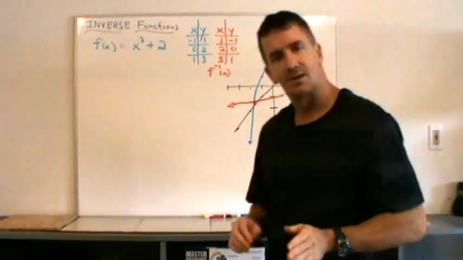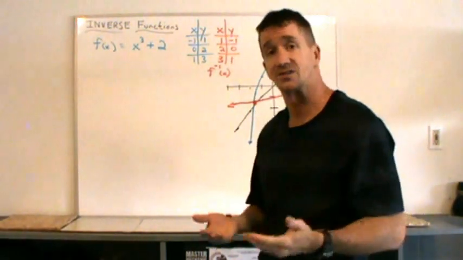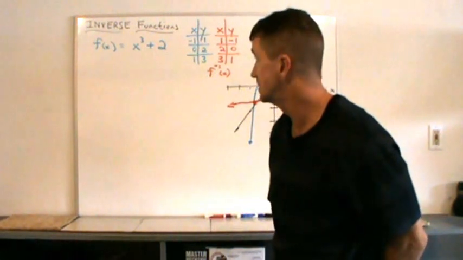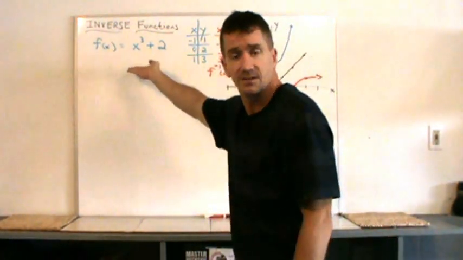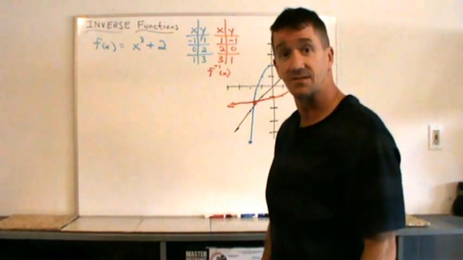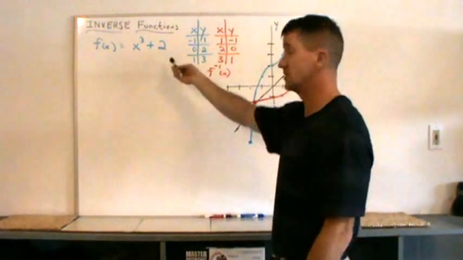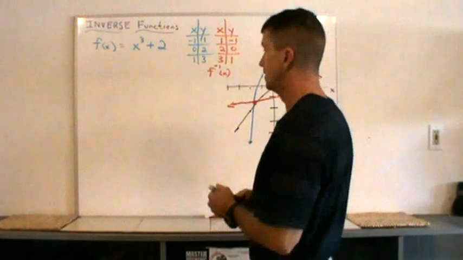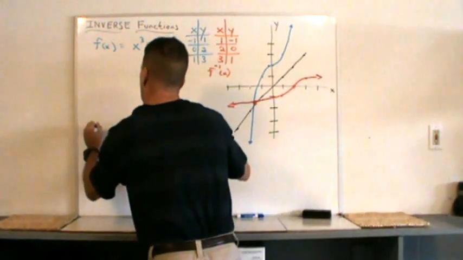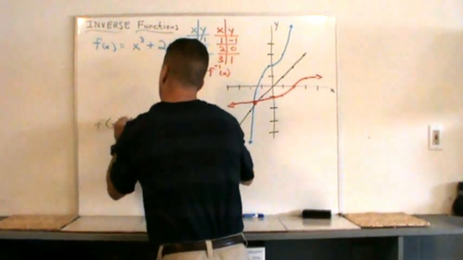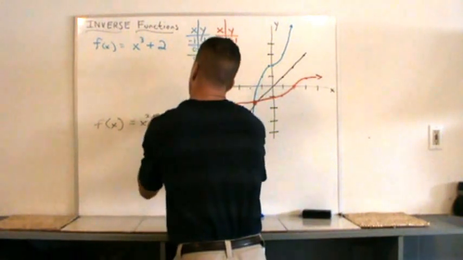I should point out that not all functions have inverse functions. Just because you have a function, f of x, it doesn't mean it necessarily has an inverse function. Now this function has an inverse function. But let's look at f of x equal to x squared plus 2.